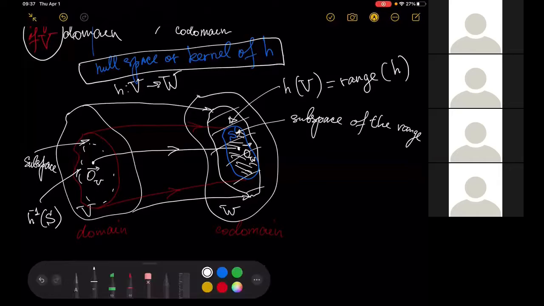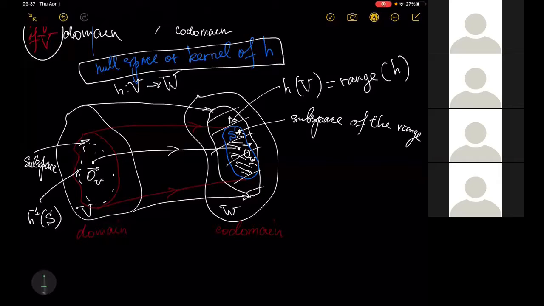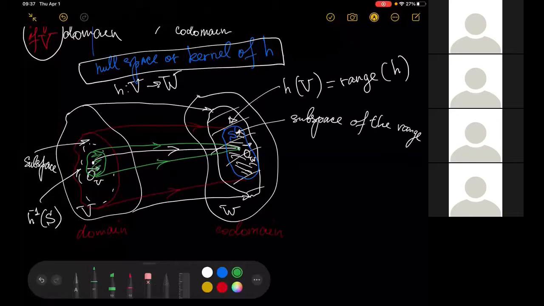But if I consider all possible vectors which are mapped into the 0 vector, then this is also a subspace, right?